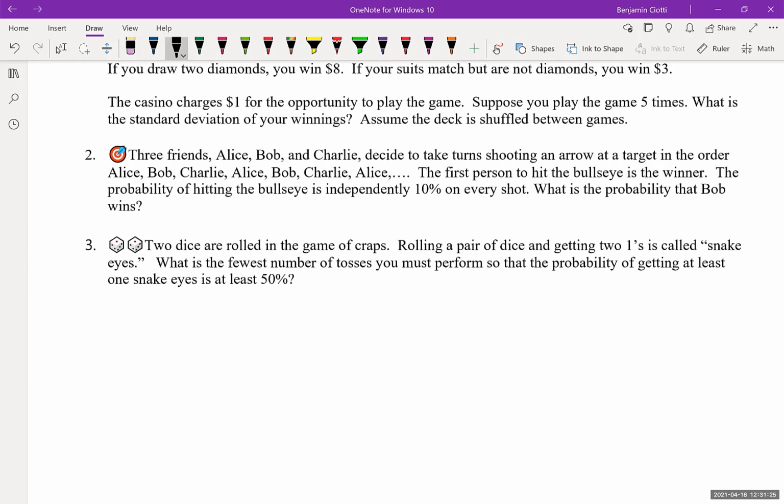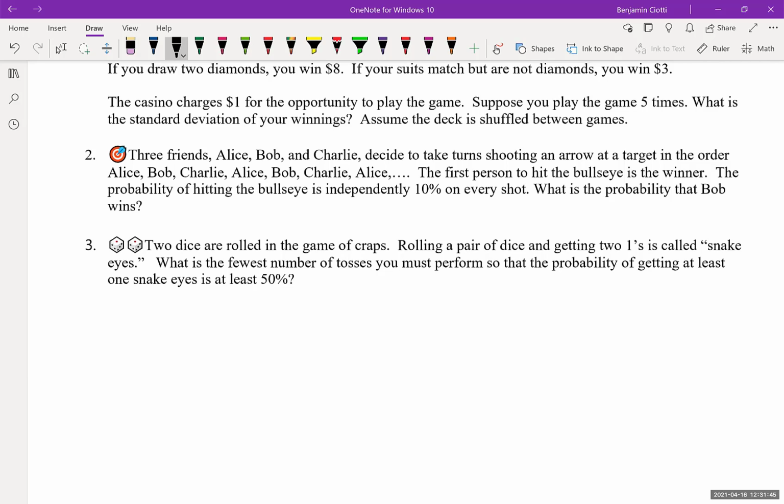Here's a good starting point. In fact, how do I recommend that you start most probability problems? You would start with a random variable. Okay. Yeah, so I recommend step 1 is to define a random variable that you're interested in.